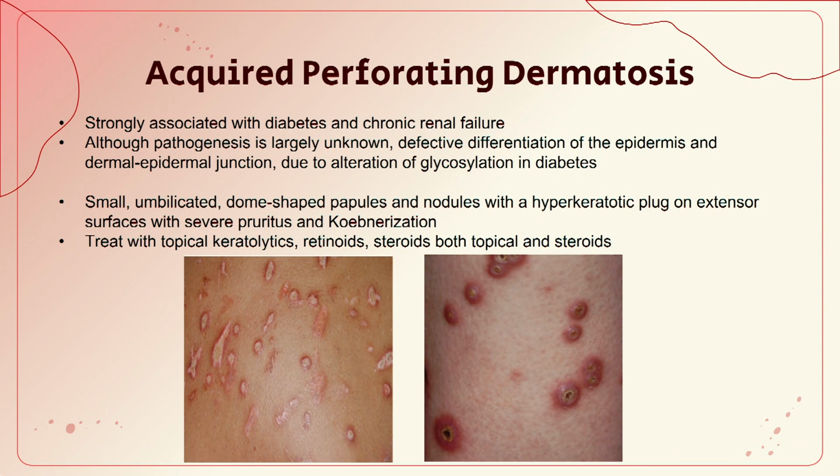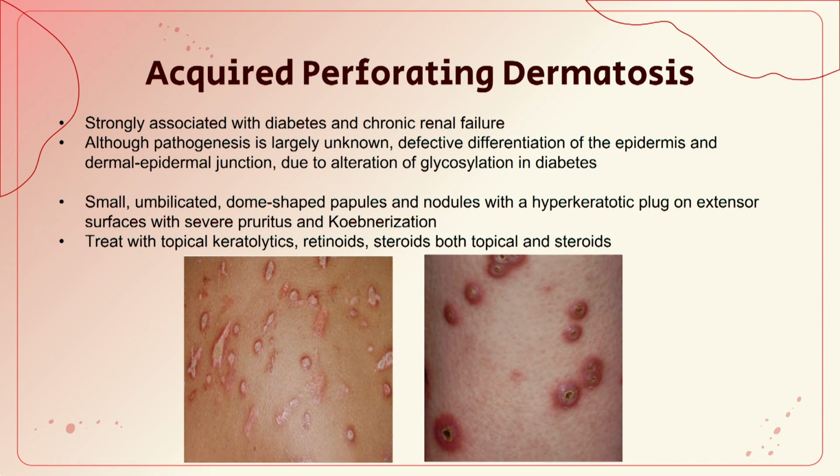Acquired perforating dermatosis, this is again a condition not very commonly seen, marked by small umbilicated dome-shaped papules and nodules with a hyperkeratotic plug on extensor surfaces which are very itchy, and also there may be Koebnerization.